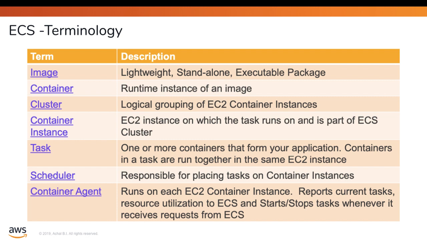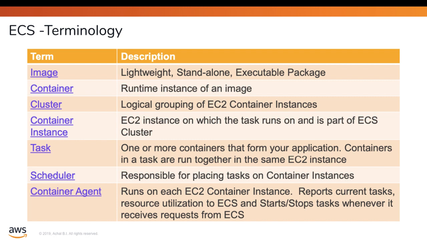So either you can let ECS launch a container instance, or if you already have an AMI which has the container agent installed within your EC2 instance, then it can be used for cluster management as well.